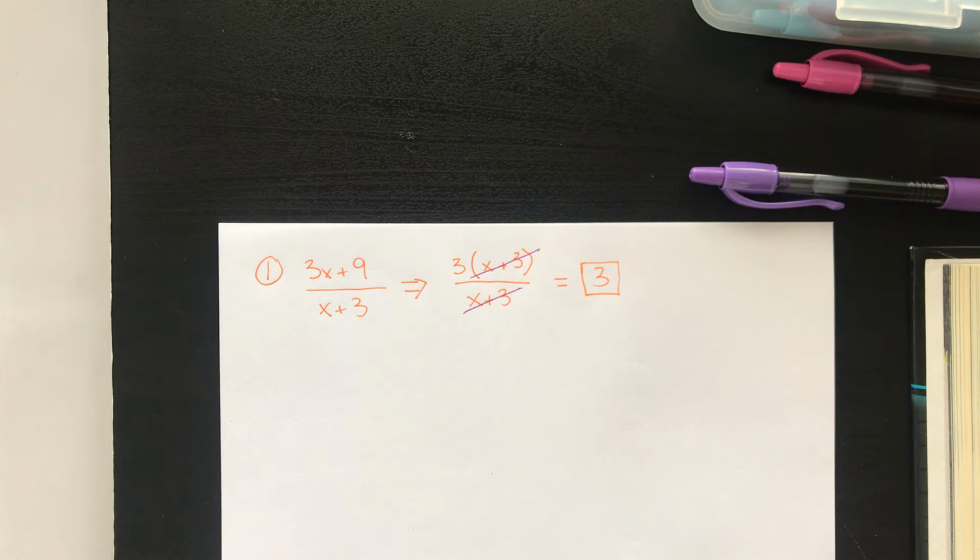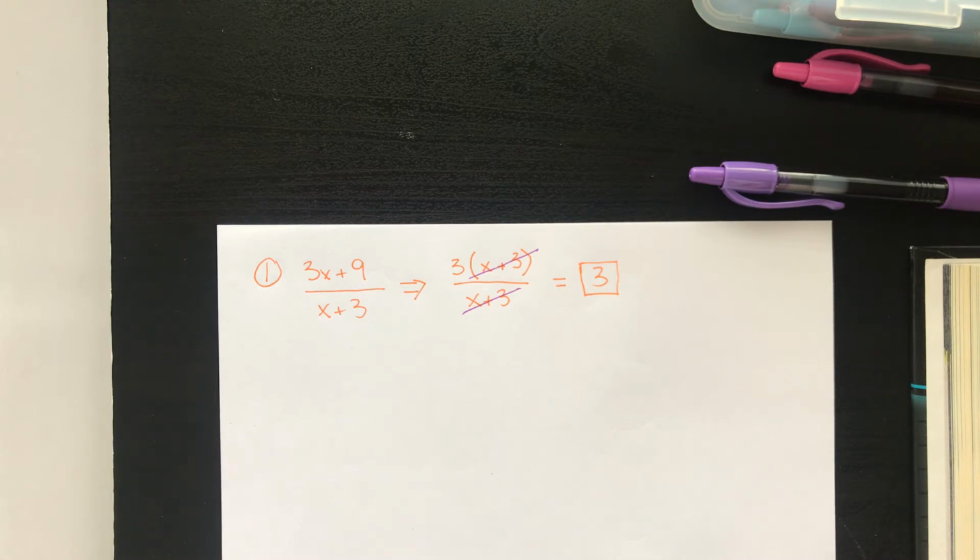Now, make sure you read what is supposed to be happening. There are certain things called excluded values. Just like any numerical fraction, a rational expression is undefined when the denominator is 0.